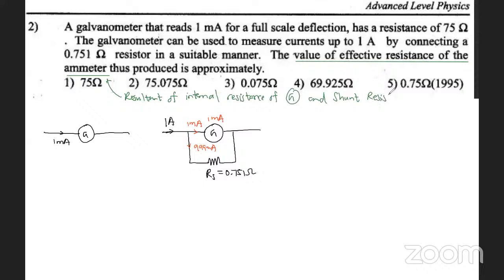Because both of them are connected together, and they are asking the effective resistance. So the resultant of the internal resistance of the galvanometer, given by 75 ohm, and the shunt resistance, given by 0.751 ohm, and both are connected in parallel. Remember, both are connected in parallel.